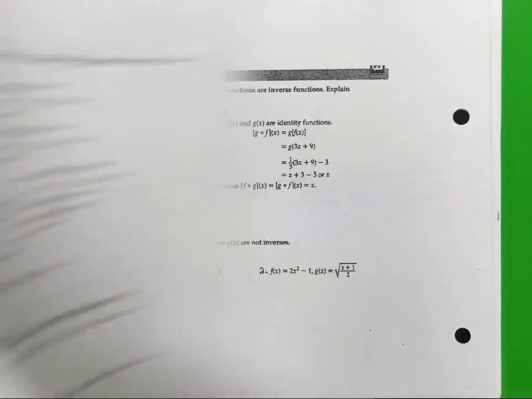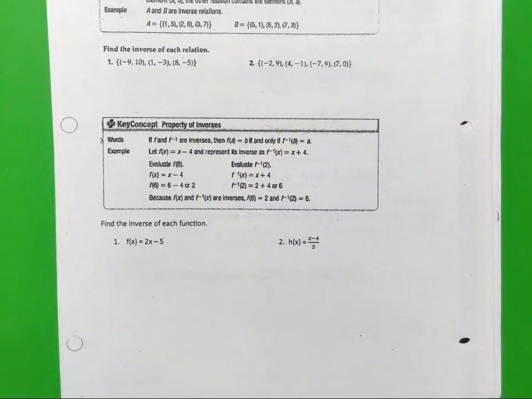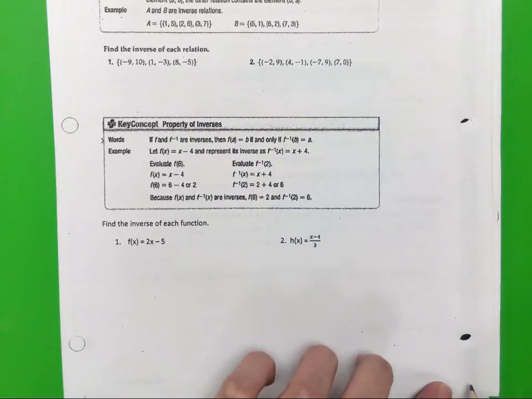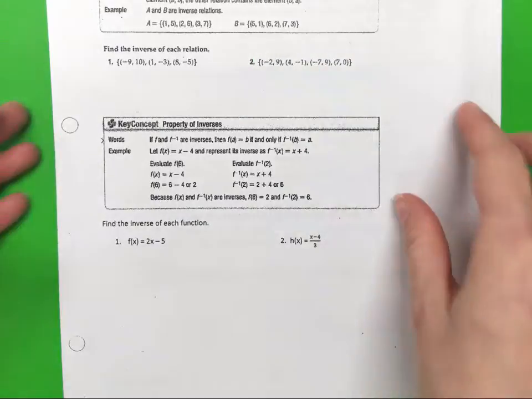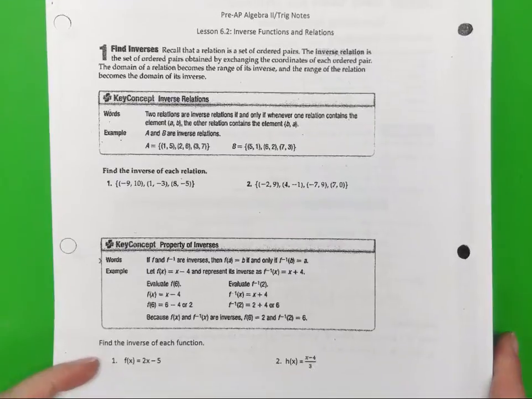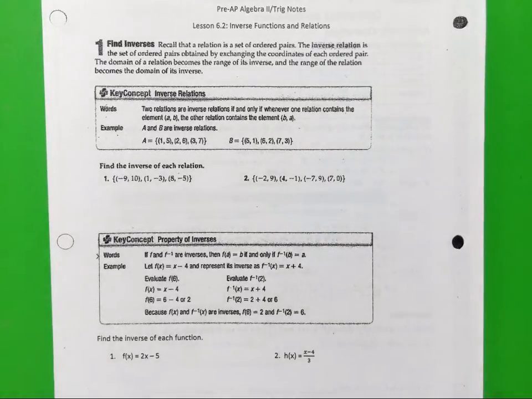All right, so let's look on the back of that. The back of that is the lesson we are starting today, and it is page 6. So if you haven't already, go ahead and label that as page 6. It says lesson 6-2 at the top of it. That's page 6. Okay, it's pretty easy.